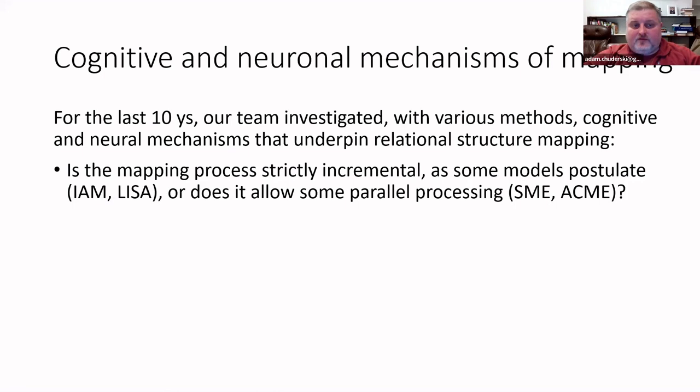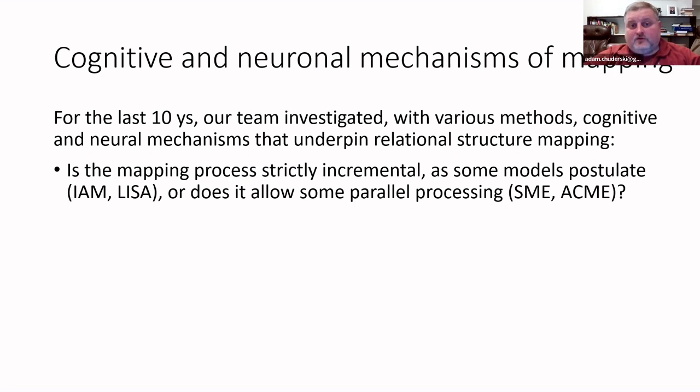The first study will ask the question how the mapping process unfolds in time, how this process is carried out by our mind, by using eye tracking, which allows more precise insight into what people do when they try to map things together.